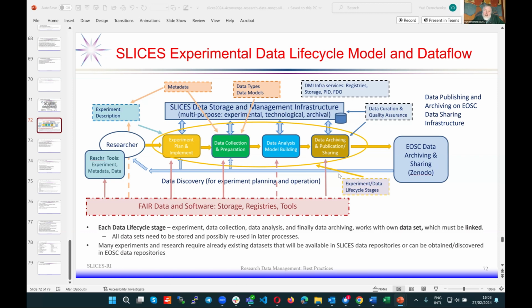Question about metadata schema. The metadata schema that we defined in SLICES is generally based on the EOSC service and data schema, and we extended it with additional levels of naming different components of the experimental infrastructure. As a workable document it can work, but we need to create the whole life cycle on this, like a diagram.